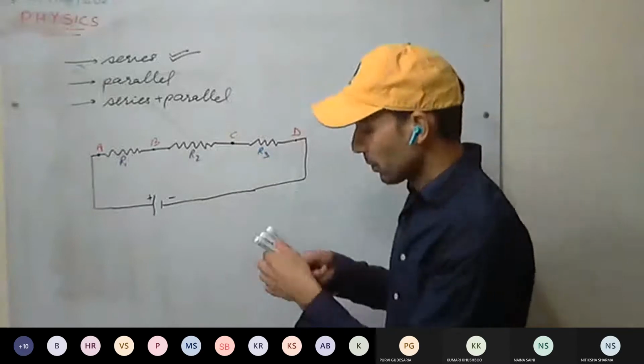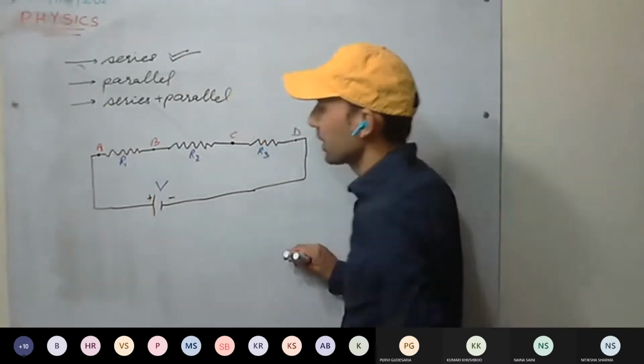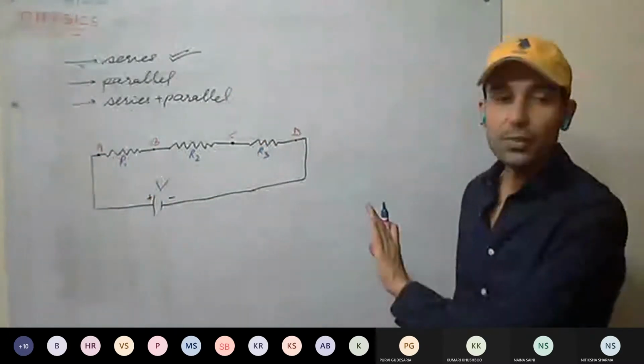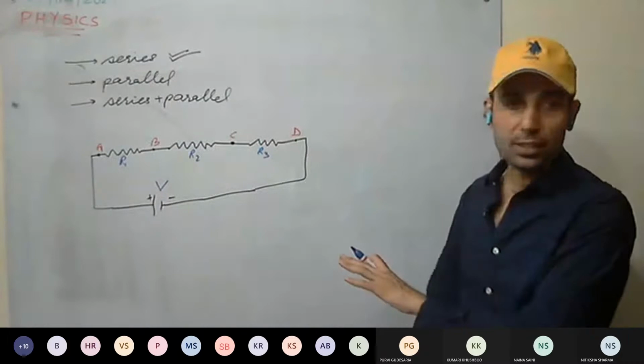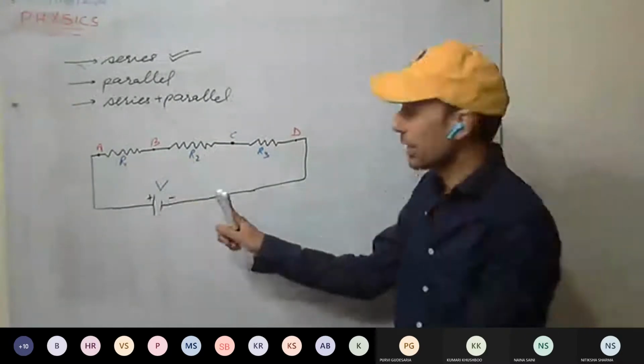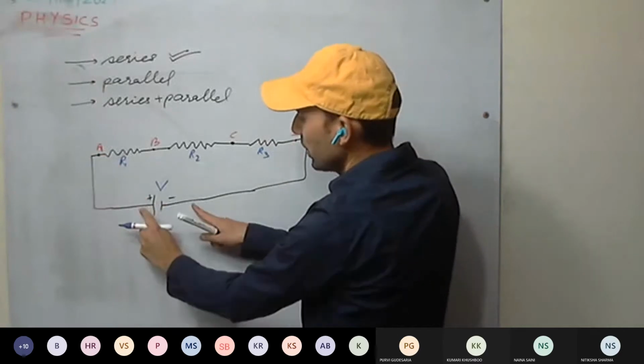This is our potential, that is, the terminal voltage. EMF we won't require now, and internal resistance as well we don't consider much now. We require the terminal voltage, that is the voltage at the terminals of the battery.